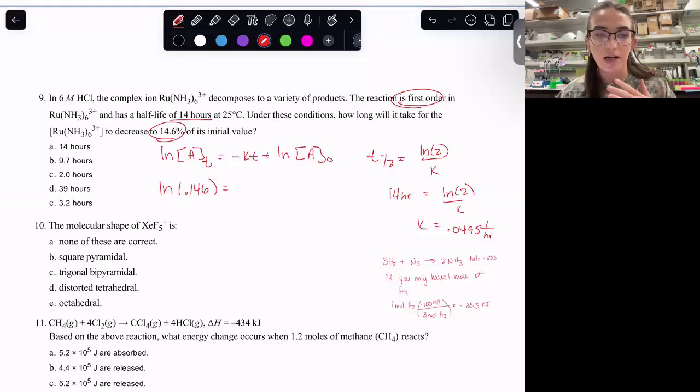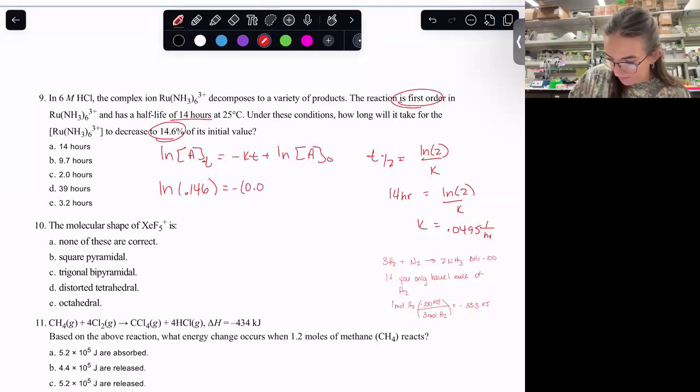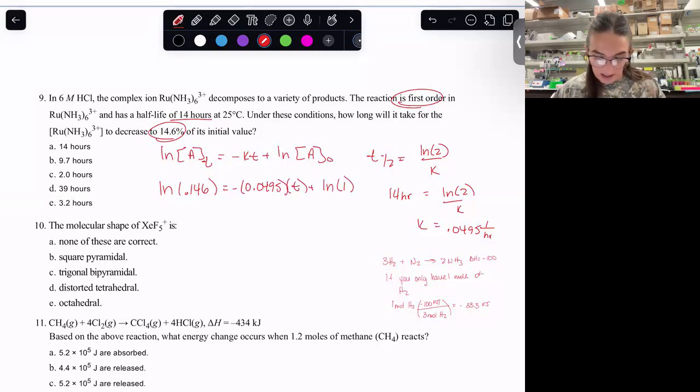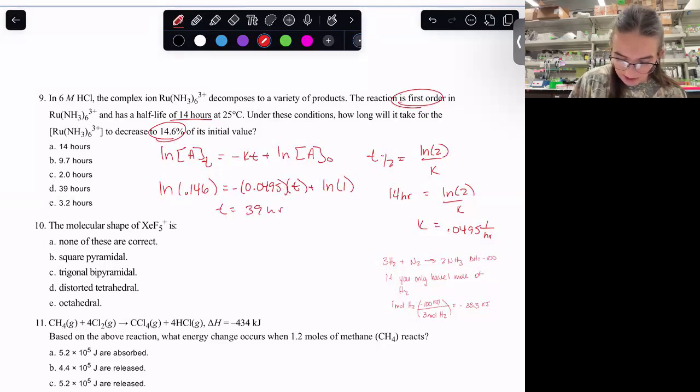Whatever is easiest to you, as long as it has the ratio of 100 to 14.6%. Then you'll use the k you just solved for. You're looking for t, and then you have the ln of 1. And then you can get t is about, I think, 39 hours, if I remember correctly.